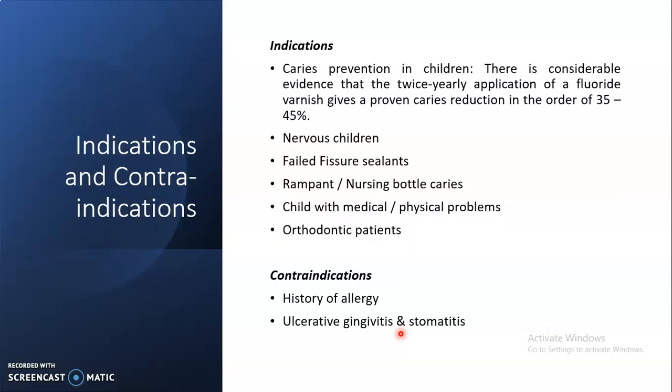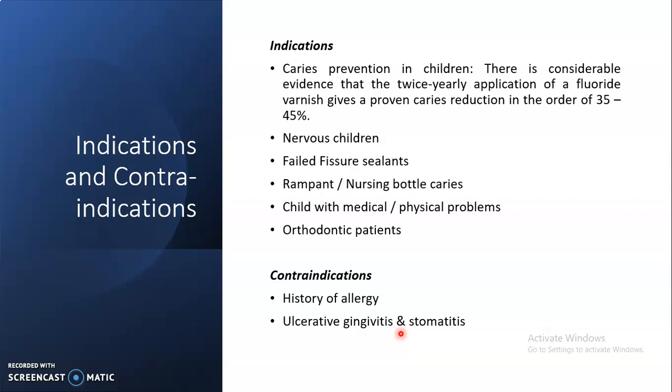Indications and contraindications. The indication of fluoride varnish is caries prevention in children. Studies have shown that with twice a year application of fluoride varnish, around 35 to 45% reduction of caries experience is noted. It is also indicated in nervous children, in cases where there is failed pit and fissure sealant application, rampant or nursing bottle caries, children with medical or physical problems, and patients prior to orthodontic treatment.